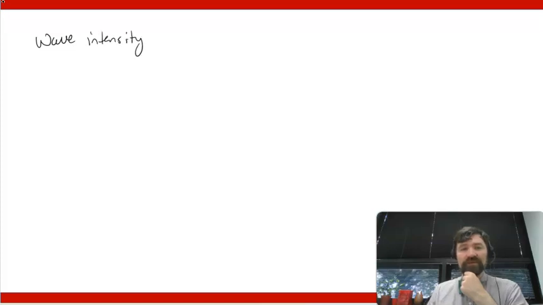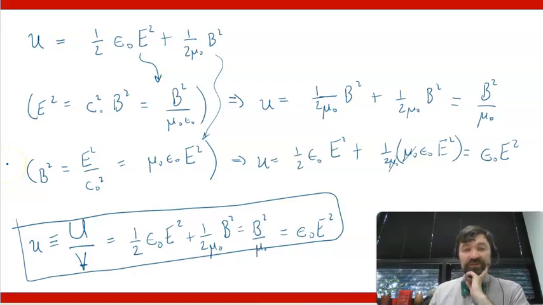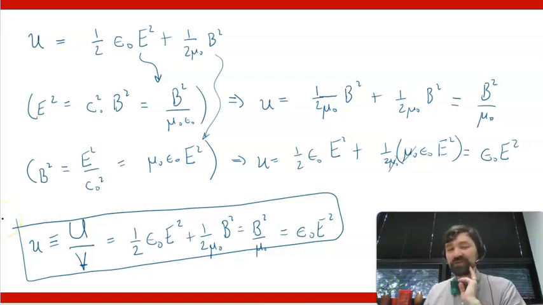Basically I is little u times C naught, but looking at what little u was defined as, that looks just like 1/2 epsilon naught E squared plus 1 over 2 mu naught B squared, or B squared over mu naught, or epsilon naught E squared, whichever of those you want.